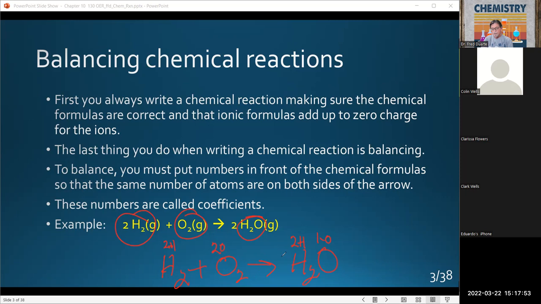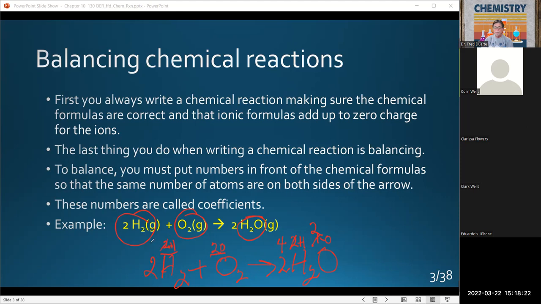So if I put a 2 in front of H2O, that changes the oxygens to 2, but it also changes my hydrogens now to 4 on the product side. On the reactant side, oxygen's still set at 2, but hydrogens are set at 2. We now need 4, so we simply put a 2 in front of hydrogen gas.